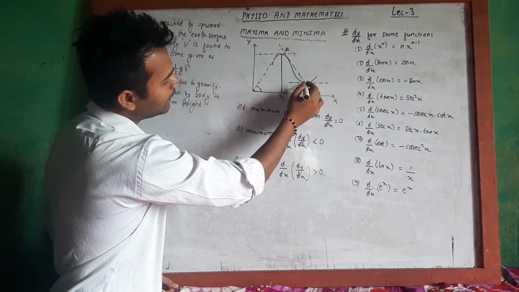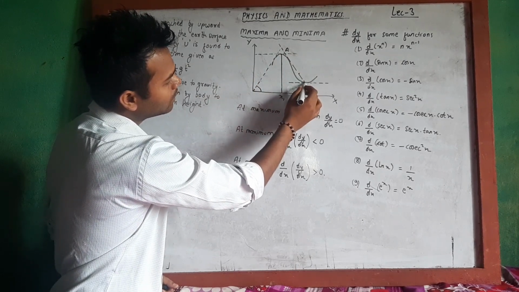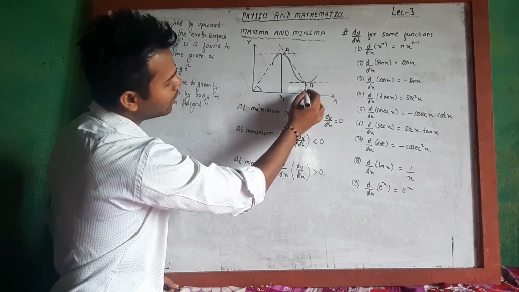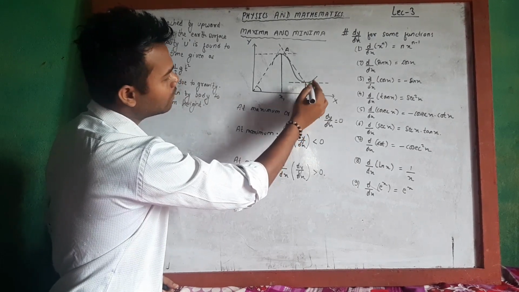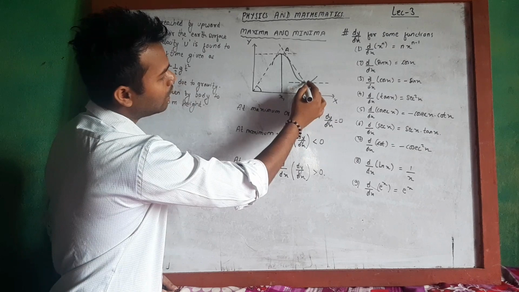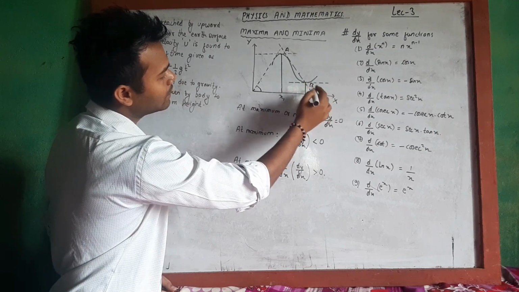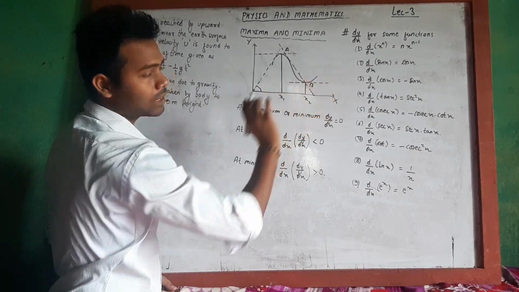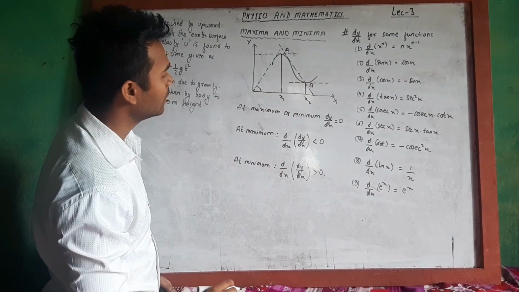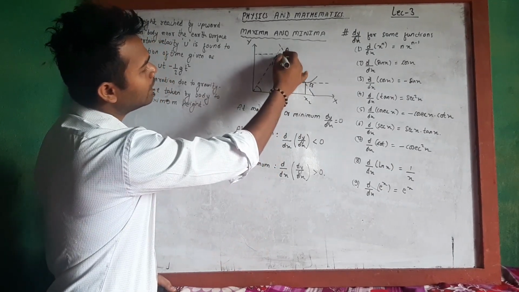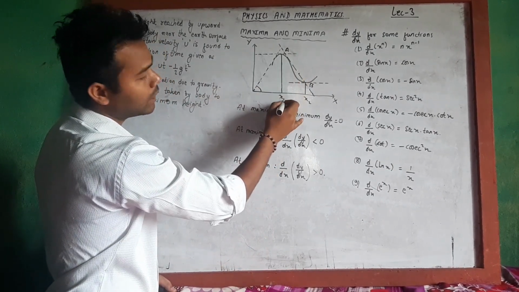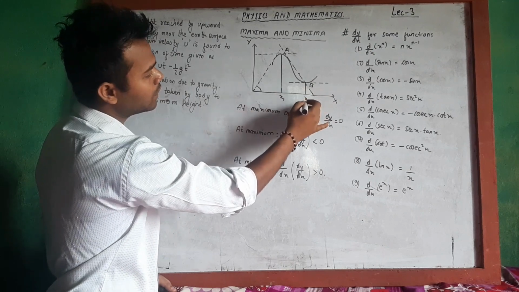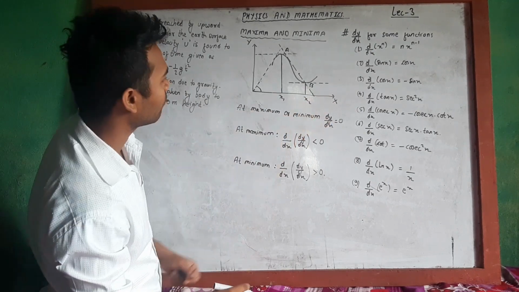As it reaches this point B, corresponding to x2, after this point B, as x increases, y again starts to increase. Here this point A corresponds to x1, and this B corresponds to x2.